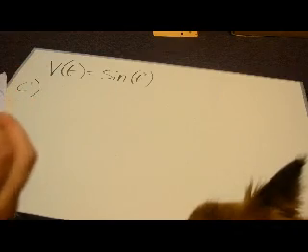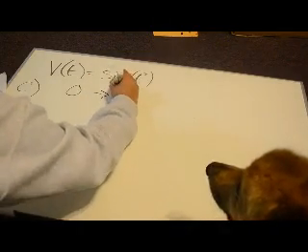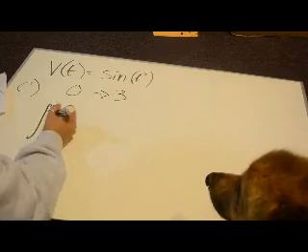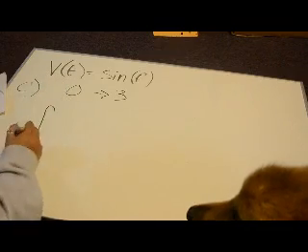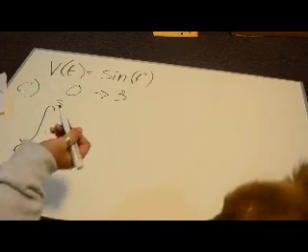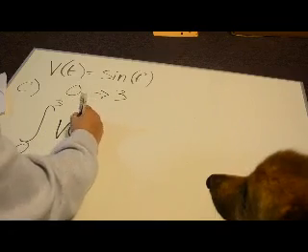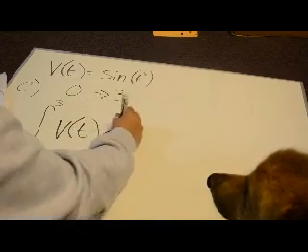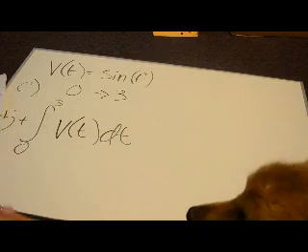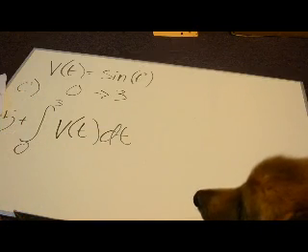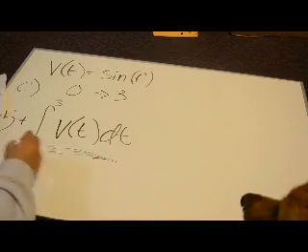Our boundaries are the same, from 0 to 3, integrating dt, but plus 5. Now we just have to figure out the integral part.